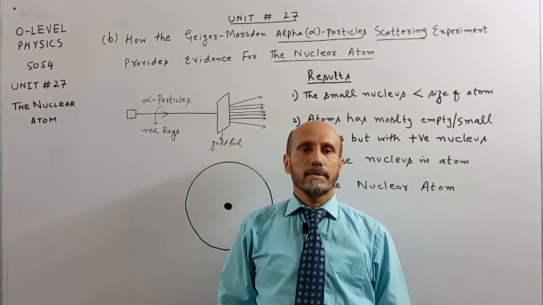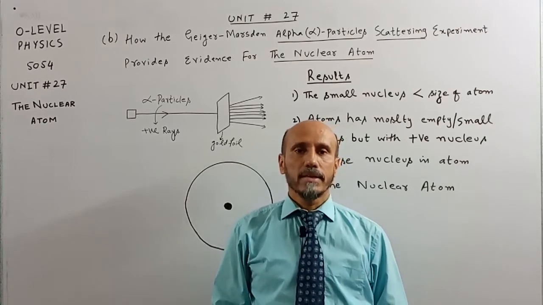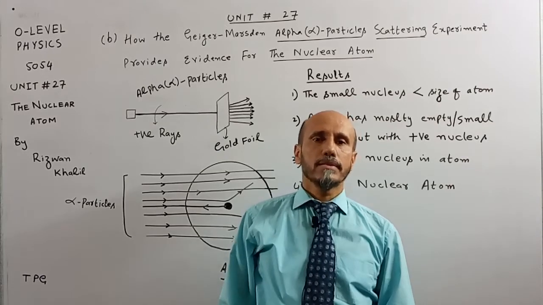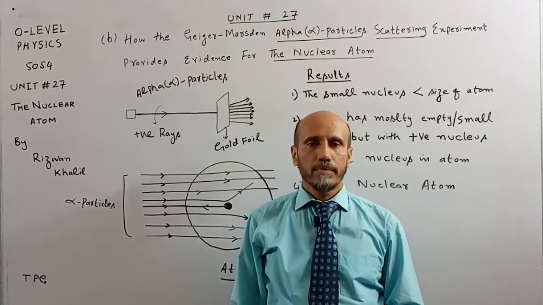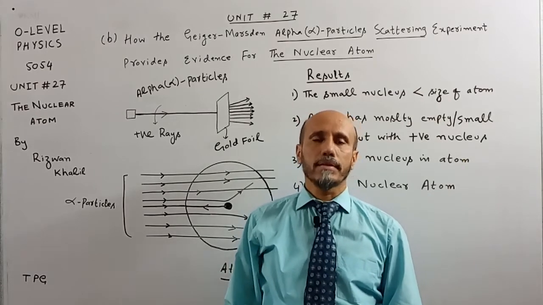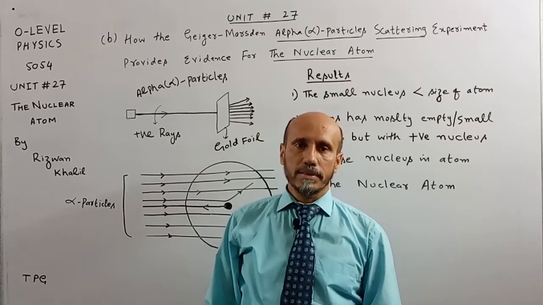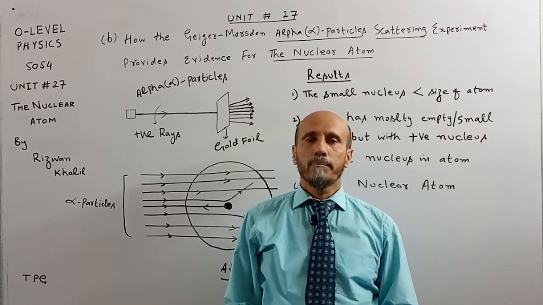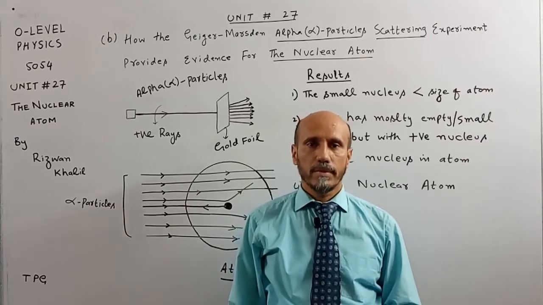by explaining the learning outcome B, that is the nuclear atom. Now we will start unit number 27 by considering learning outcome B, that is how the Geiger-Marsden alpha particle scattering experiment provides evidence for the existence of the nuclear atom.